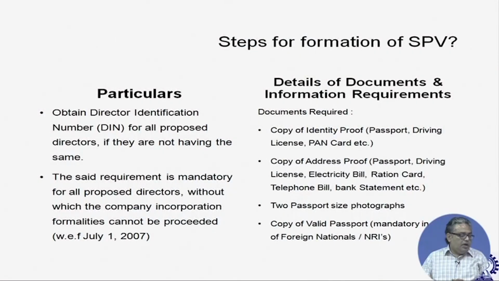So, you should get that particular director identification number, and on the other side of my slide you will find that I have listed down all the documents which are required for this particular purpose.